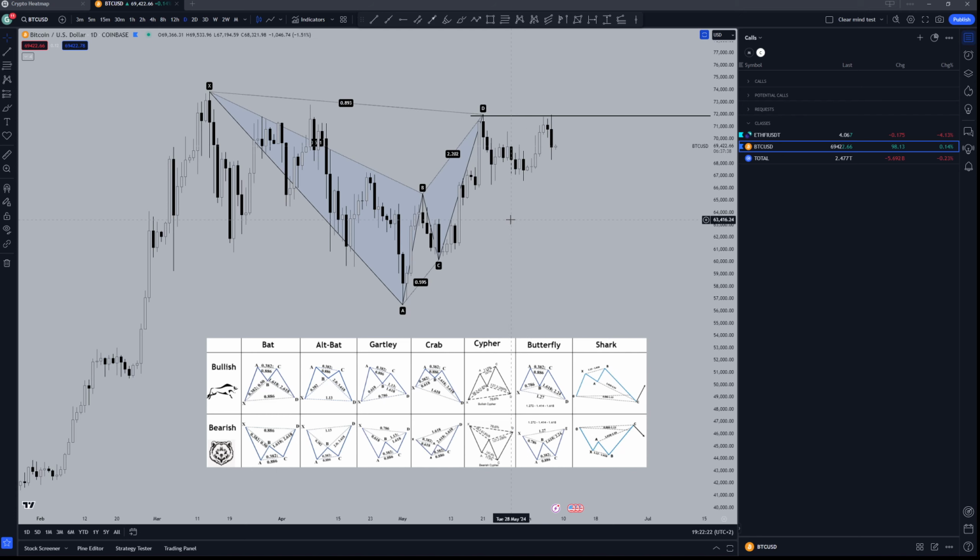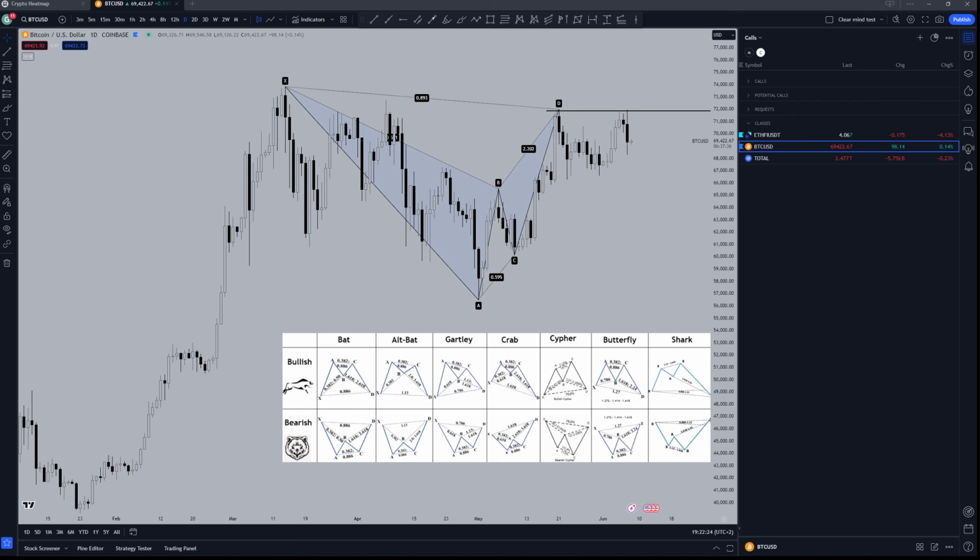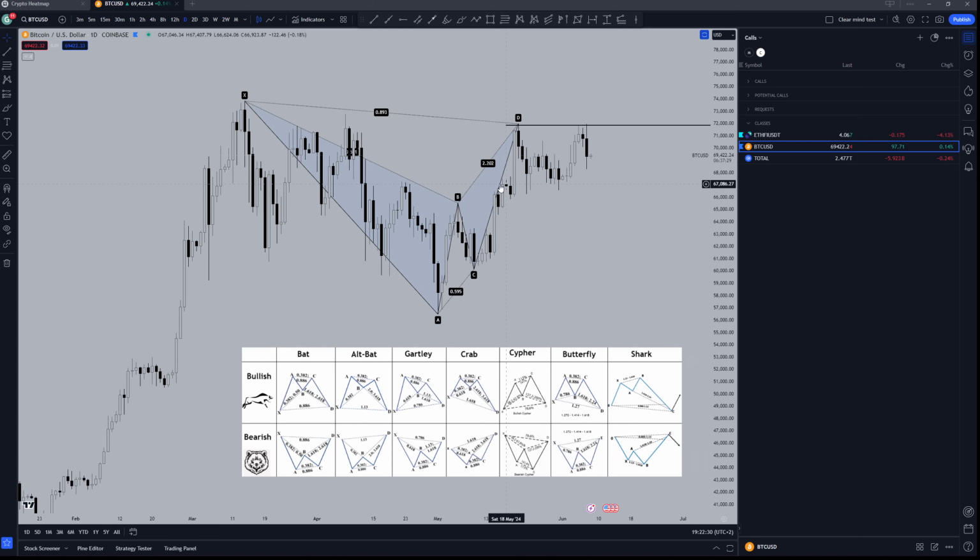So what you would be able to do, and we actually did this as well because I shared the short at the start of the month, is you know in advance that you can take this 0.886 and you can prepare for a short. You don't have to take it because if there's extreme price action, you don't know if it's going to react yet.